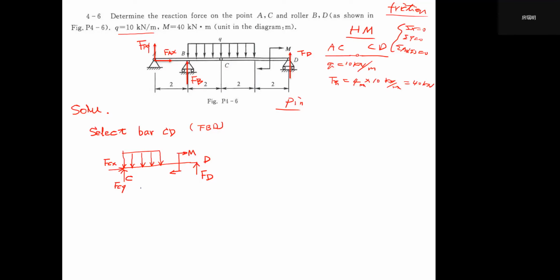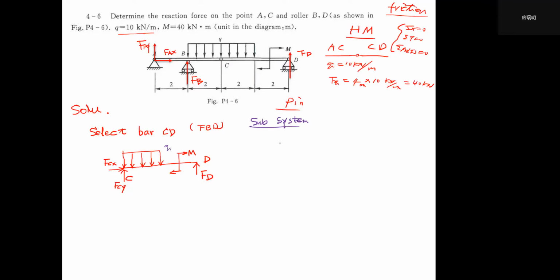So we can call that the subsystem. Because the whole system is in equilibrium, the subsystem should also be in equilibrium. Then this linear distributed force should also be handled.